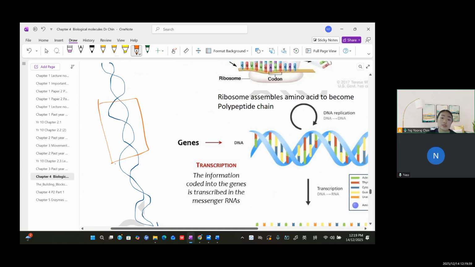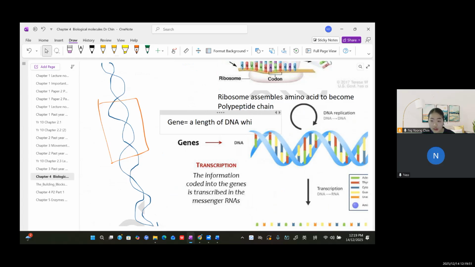In other words, a gene is a length of DNA which encodes for proteins.